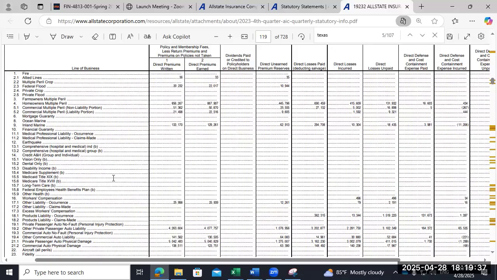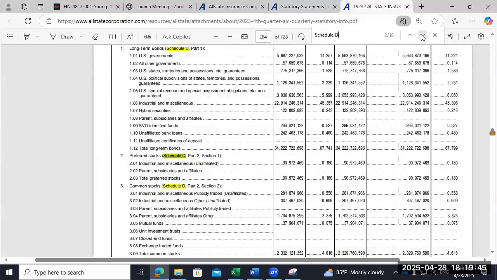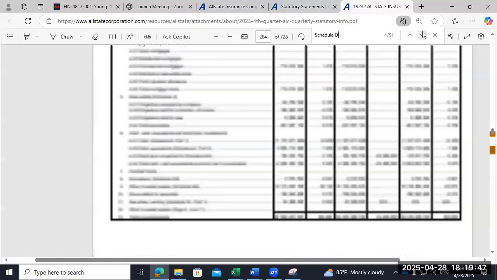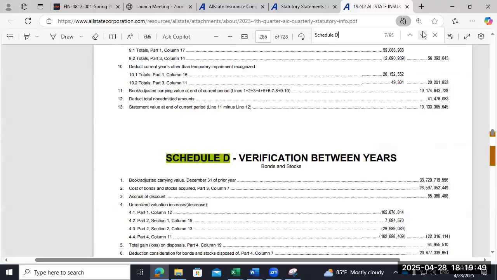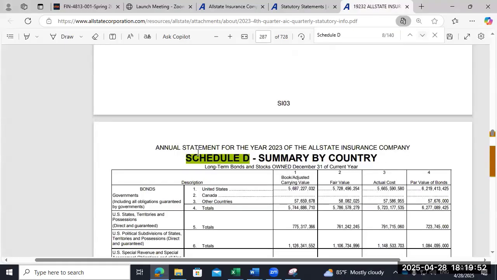Let's see. I want to show you a couple more things here. So Schedule D, we didn't have a Schedule D when we looked at consolidated, but Schedule D is where all their investment information is.